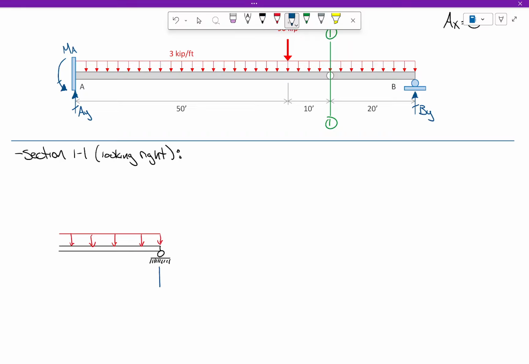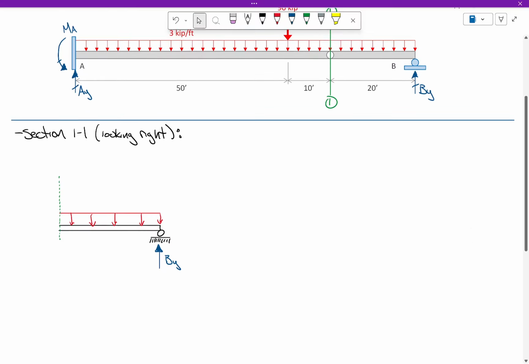I have a vertical reaction right here, which we'll call BY. And then this part right here, that's where I cut the section. Okay? So again, all I'm doing is literally drawing everything on this side of the beam. Okay?